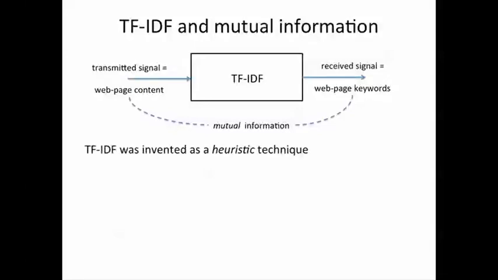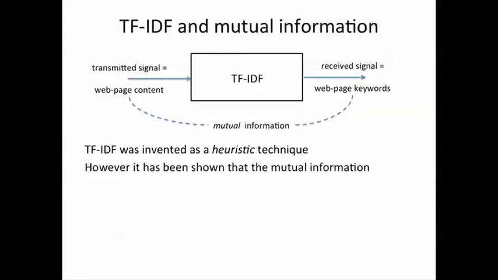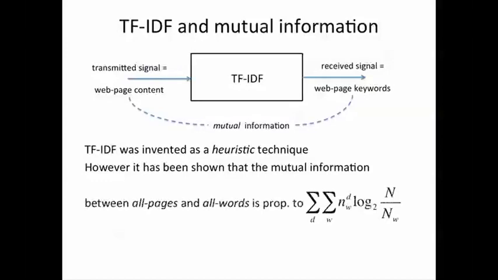TF-IDF was actually invented, as we just argued, as an intuitive or heuristic technique, but it's been shown recently that the mutual information between all pages in a collection and all the words in the collection is actually proportional to this sum, which is essentially the individual TF-IDFs of each word summed up over all the documents.